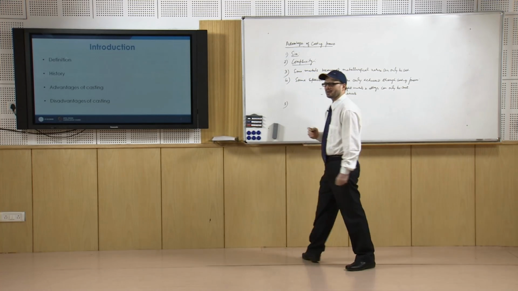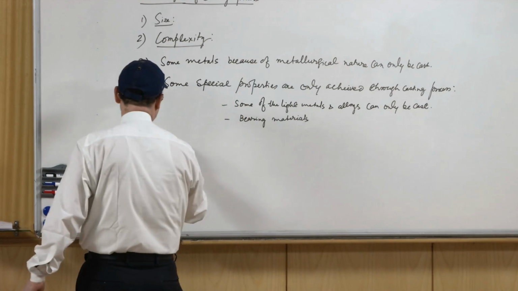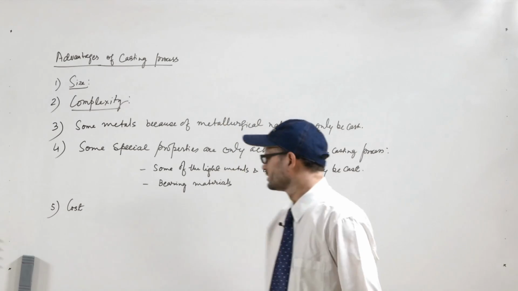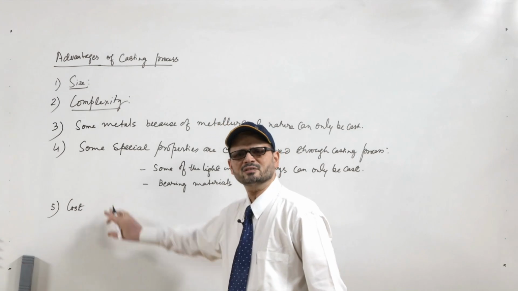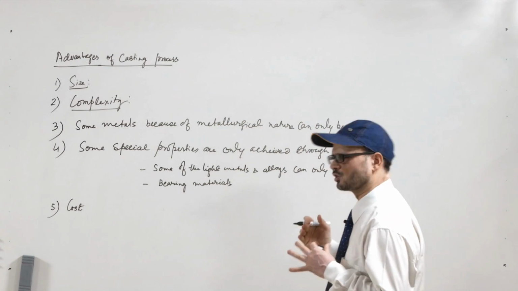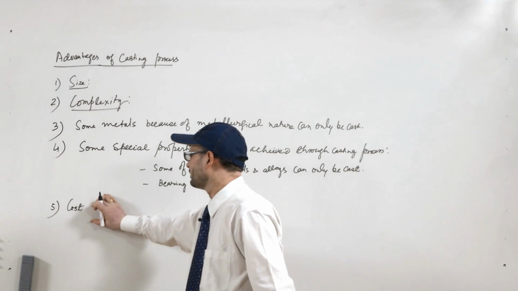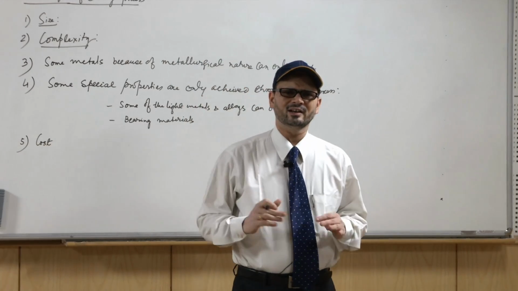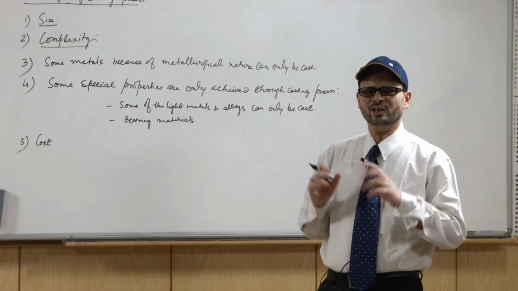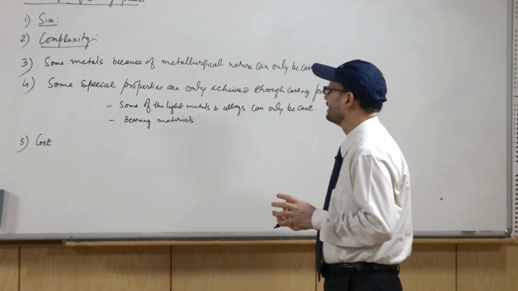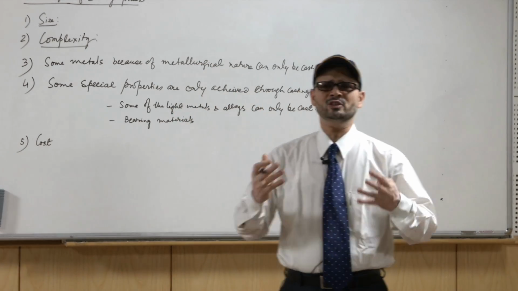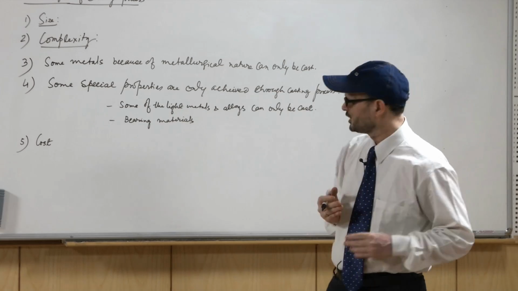The next advantage is its cost. This is the most important aspect because, with respect to other processes, it is economical. As we have understood, in one go you are getting the finished product: you are melting and pouring into a mold and taking it out. Although it is not completely finished, you may even get a finished product if you choose suitable melting material.